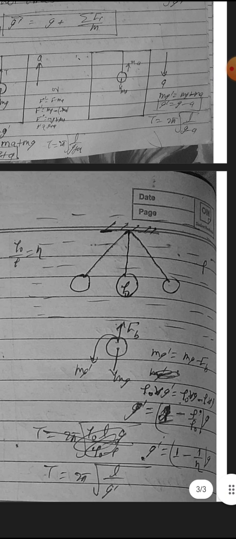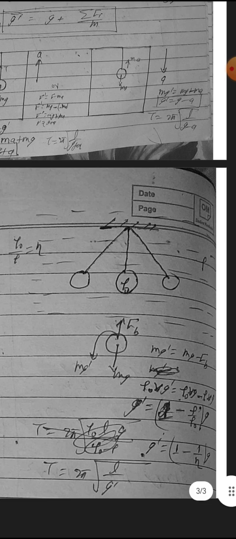So mg dash comes out to be mg minus Fb, right? This mg dash is nothing but net force. Here you can see that weight is acting downward, upward buoyant force is acting upward. So what is the net force?